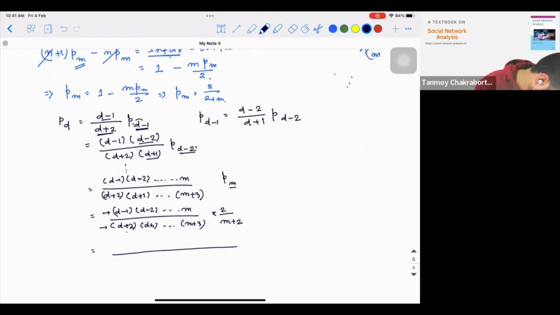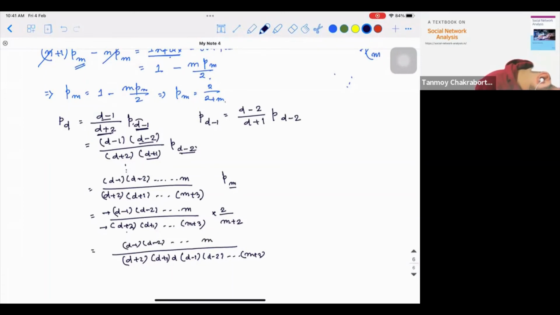So this is d plus 2, d plus 1, d minus 1, d minus 2, dot dot dot, m plus 3, right? And you have d minus 1, d minus 2, dot dot dot, m.